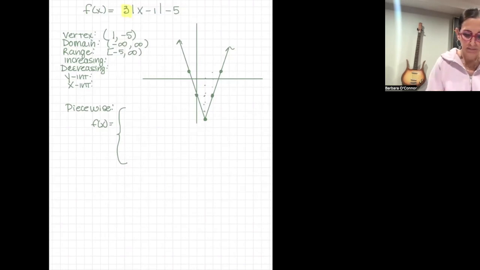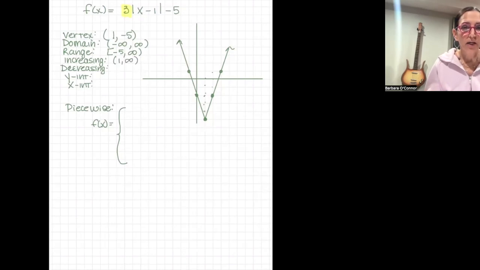Increasing and decreasing. There are two arms of this absolute value graph, one with a positive slope and one with a negative slope. It's increasing wherever the slope is positive. So this graph has a positive slope to the right of the vertex. So it is increasing for all values of x from 1 to infinity.